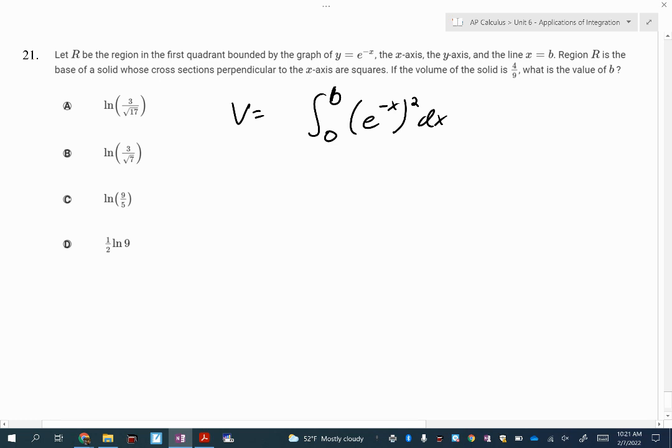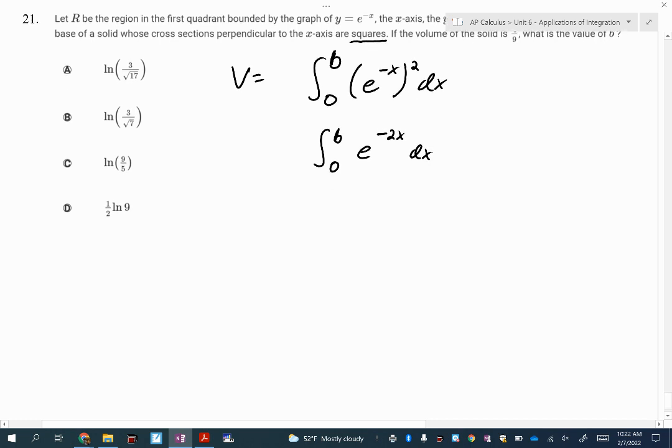It also mentions that our cross sections are squares. So you guys know that if our side length is the function y equals e to the negative x, we have e to the negative x times e to the negative x, or e to the negative x squared. So that's kind of where they get that whole idea of that formula. So if I go ahead and distribute that, e to the negative 2x power dx, and then I want to integrate.